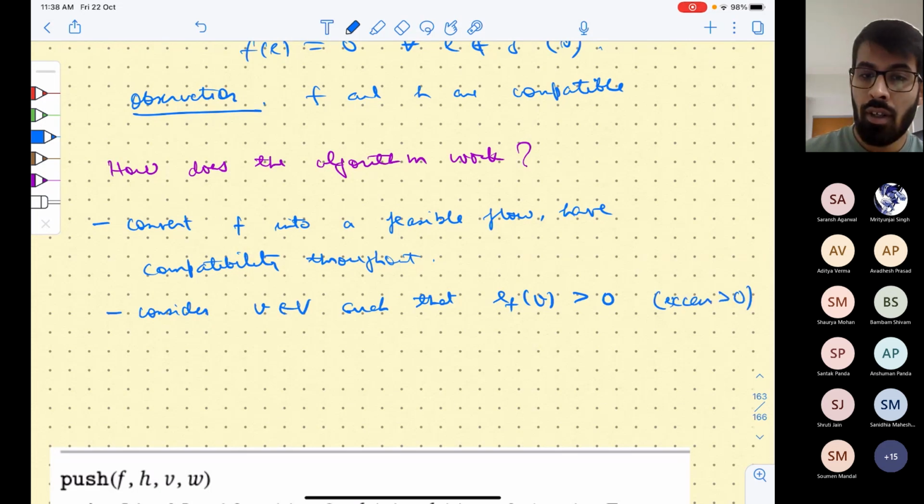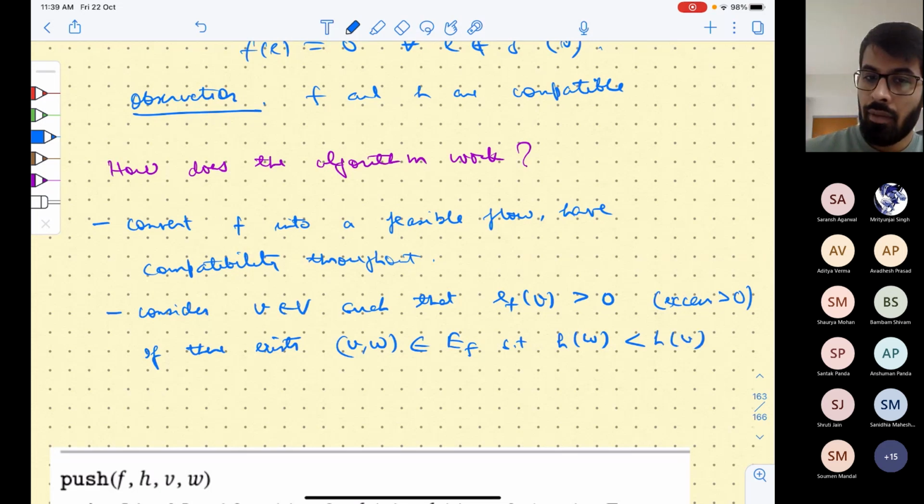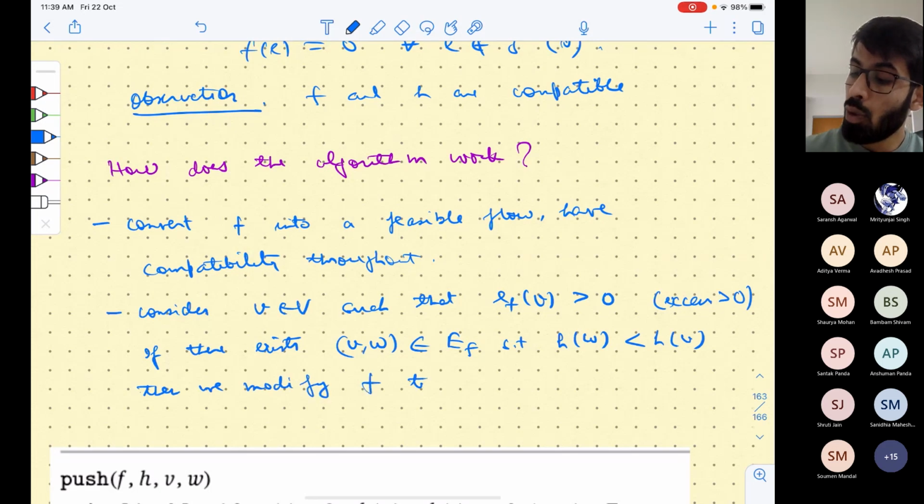And if there exists some VW in the edge set of the residual graph such that H of W is less than H of V, then we modify F to push some flow on VW, right?